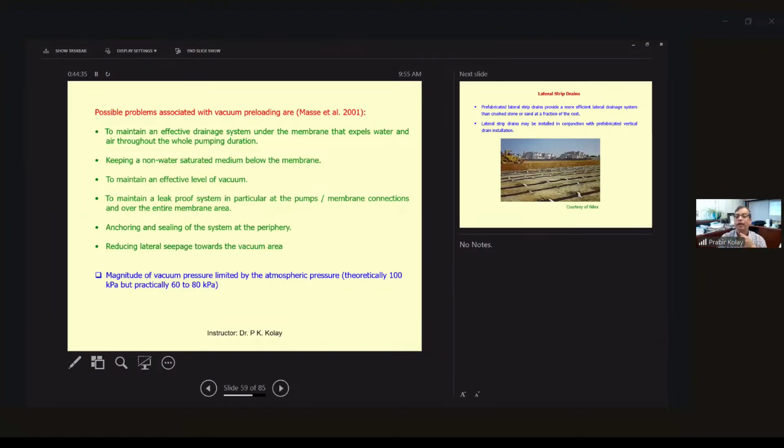Maintain the leak-proof system, in particular at pumps or membrane connections. Anchoring and sealing of the system at the periphery, also where the pump is, where the peripheral drain is. So anchoring is required. And then also reducing the lateral seepage towards the vacuum area. So theoretically, it applies around 100 kPa, but practically it is 60 to 80 kPa.